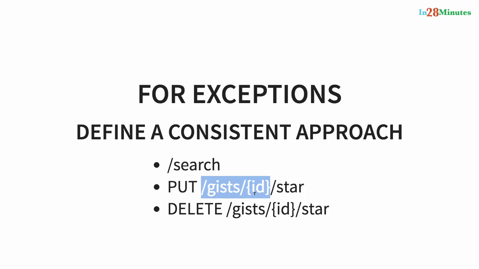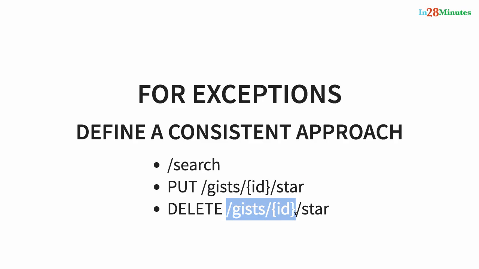So /gist/ID is the resource, and when I do a star, what GitHub does is it sends a put request to the /star URI. So to the complete URI, it sends a put request, and when I unstar something, when I say I don't like this, then it sends a delete request to the same resource saying I have unstarred it.